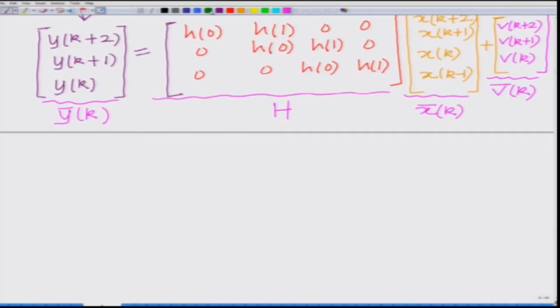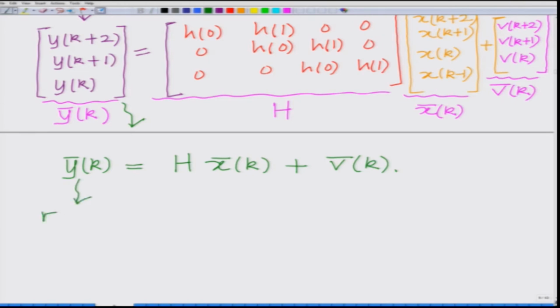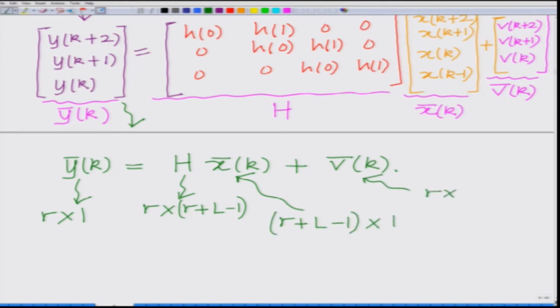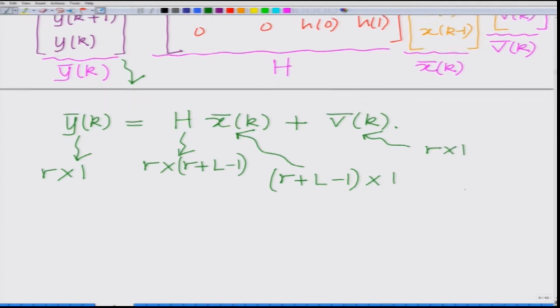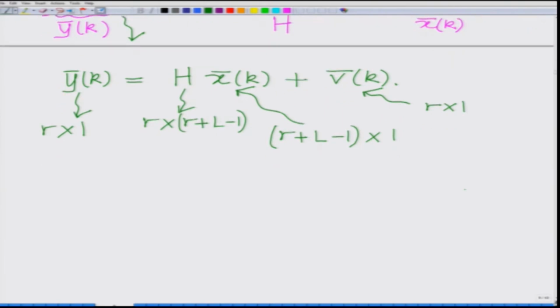So I can summarize this model as y bar k equals H x bar k plus v bar k, and we have already seen this is an R cross 1 vector, this is an R cross R plus L minus 1 matrix, this is an R plus L minus 1 cross 1 vector, and these are R cross 1 vectors.